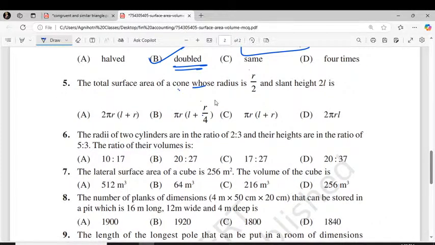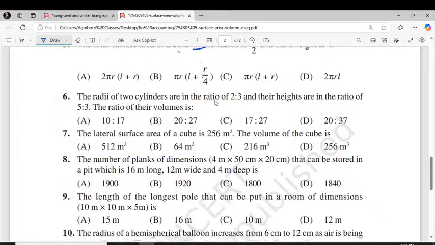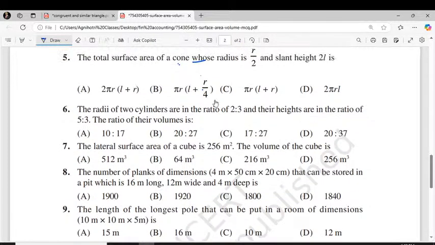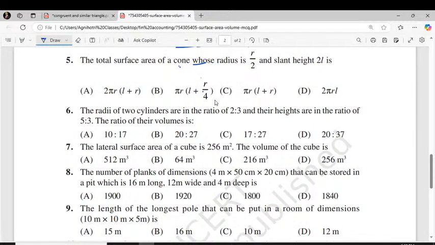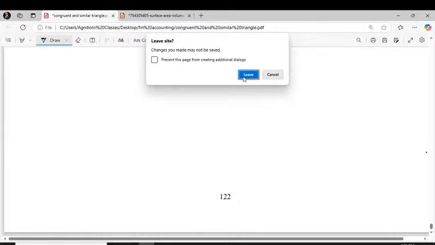Okay, tell me, attempt it first. Okay, you tell me the answer to this first.